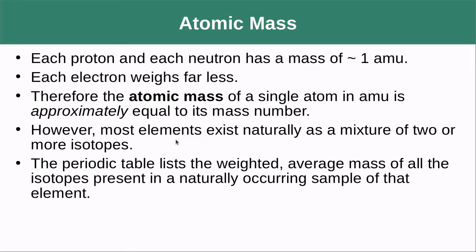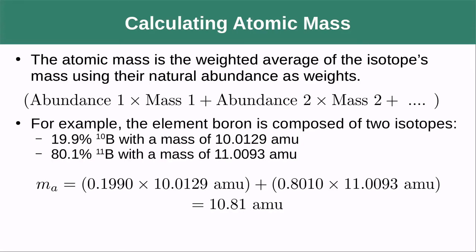But because most elements exist naturally as a mixture of 2 or more isotopes, the periodic table actually lists a weighted average of all of the isotopes present naturally occurring. That's where these longish mass values that you're going to see on the periodic table come from. So let's see an example of that.